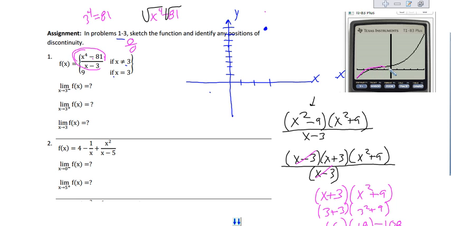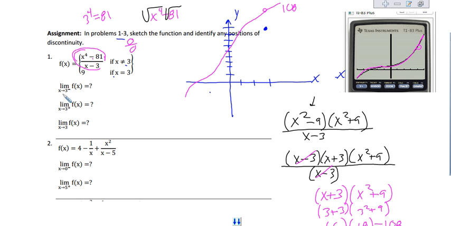And if you think about it, when we get to 3, we're going to have a hole in this graph, right? So we've already figured out what the value is there. It's 108. It's not really drawn to scale, but basically all we need to do is graph it like so. And that's really all we need to answer the questions.